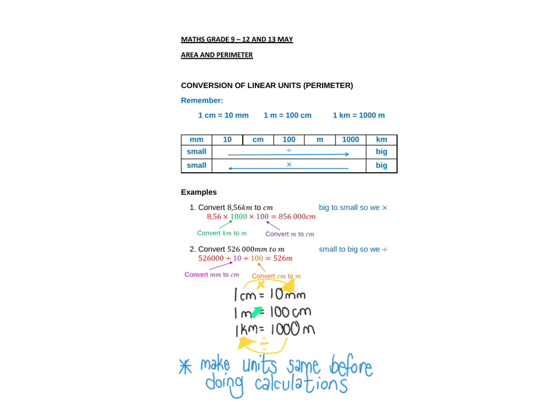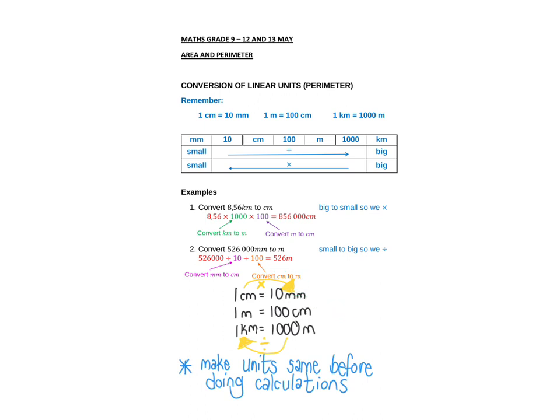So therefore divide by 10, and then once we've got it in centimeters, divide by 100. So 526,000 divided by 10, and that gives you 52,600. And then you divide by 100, the comma moves, 2 spaces, and that means it's 526 meters.